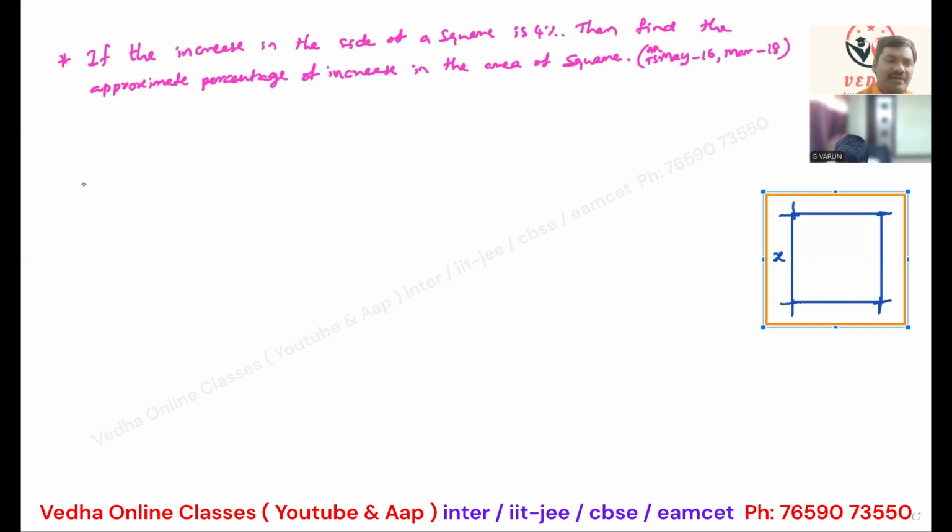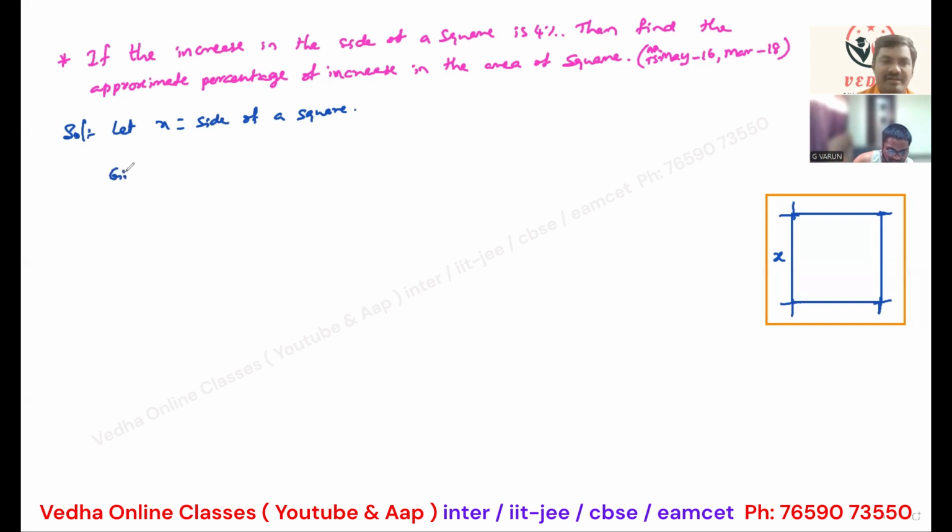Now, what is given here? Let x be the side of a square. What is the increase in the side of a square?